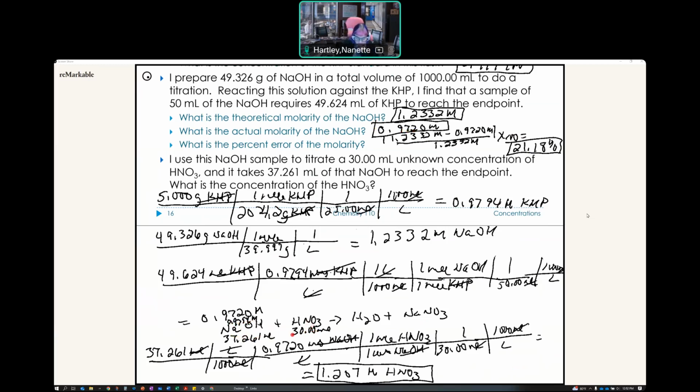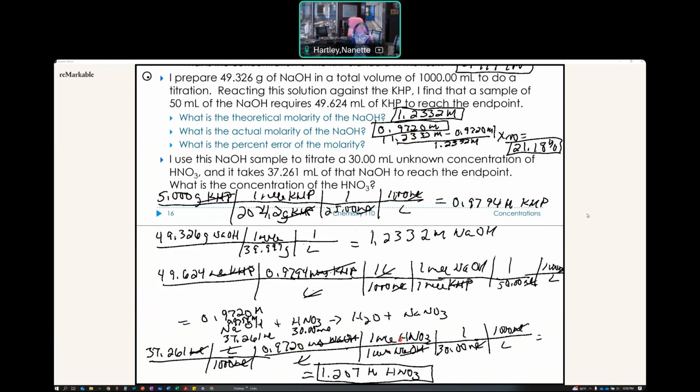So I do my calculation, 37.261 milliliters of that NaOH, convert it to liters, so divide by 1,000 milliliters per liter, times the 0.9720 moles of NaOH per liter. So the liters cancel, the milliliters cancel, and I'm left with moles of NaOH. I know that 1 mole of NaOH reacts with 1 mole of HNO3, so that cancels the moles of NaOH, leaves me in moles of HNO3.